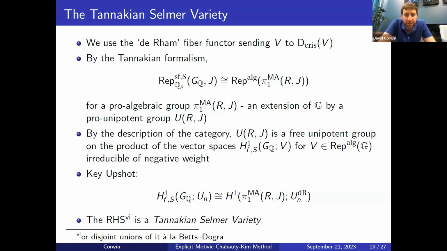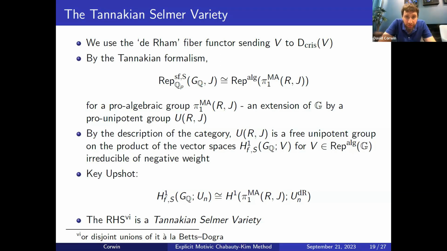And then by the Tannakian formalism, the category I defined is naturally the category of algebraic representations of a certain pro-algebraic group known as the Tannakian fundamental group. And in fact, the more explicit structure I mentioned, understanding the semi-simple objects, tells you that this group is an extension of G by a pro-unipotent group, which I call U_RJ.